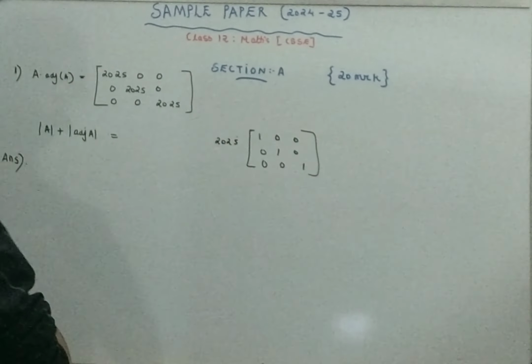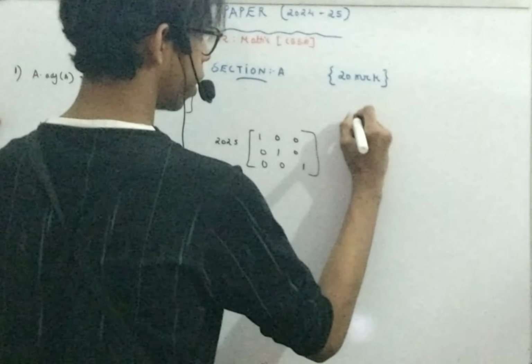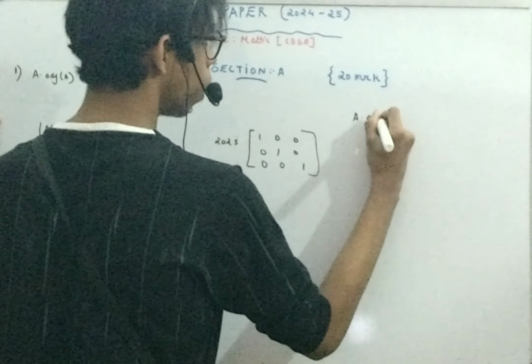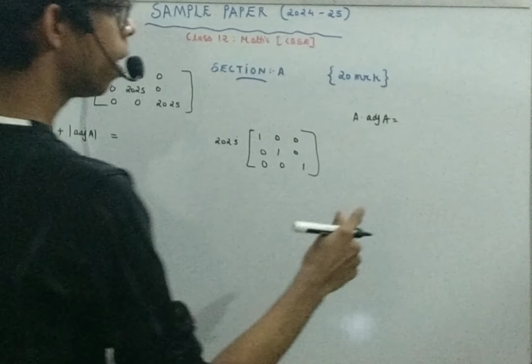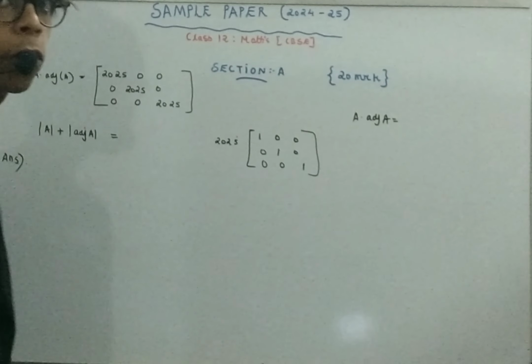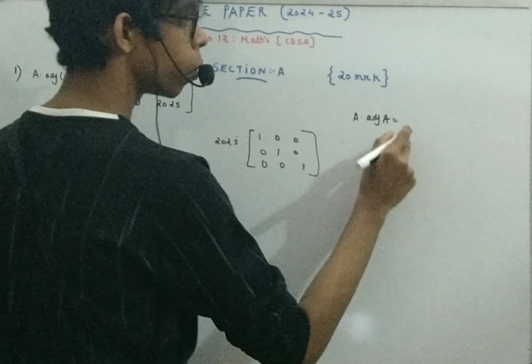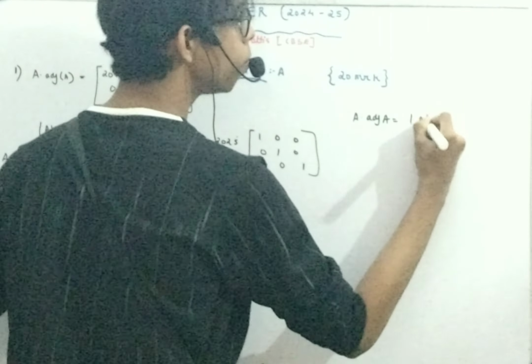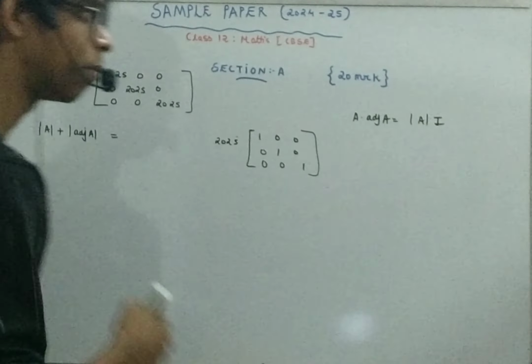Now if you remember the identity, that is A into adjoint of A. Do you remember what is A into adjoint of A? Yes, we know A into adjoint of A is equal to determinant of A into I, isn't it?